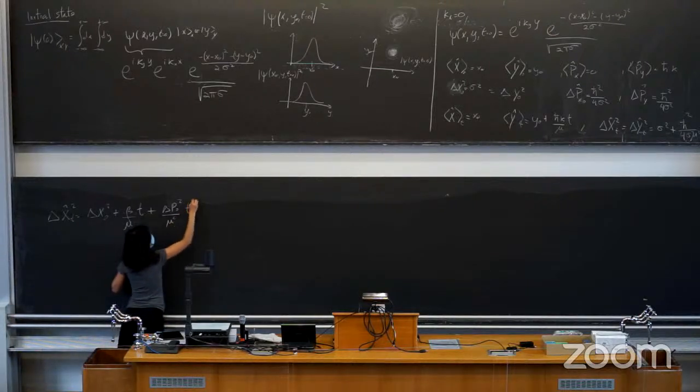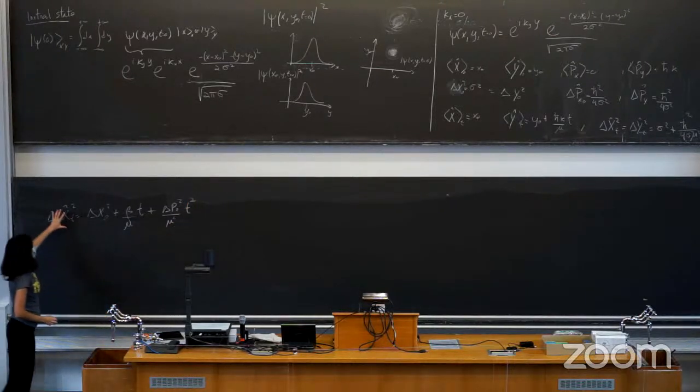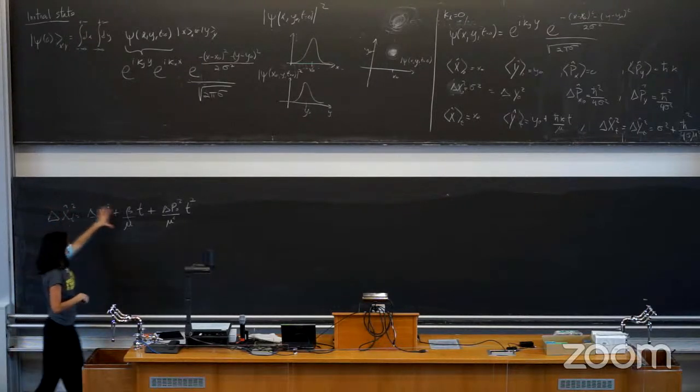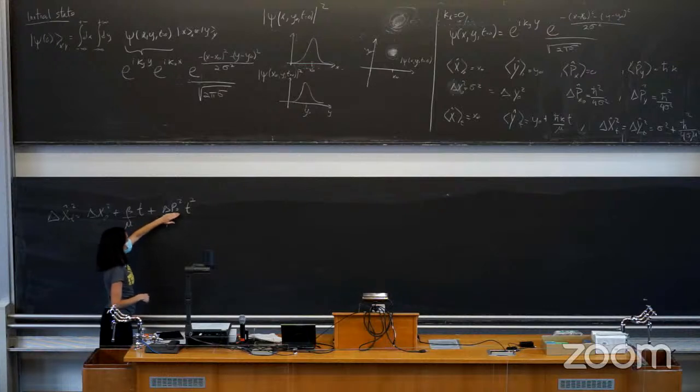This was in general for any wave function. If you look at yesterday's class, that's what we did. So it does not depend on the initial value of momentum, just on the spread in momentum.